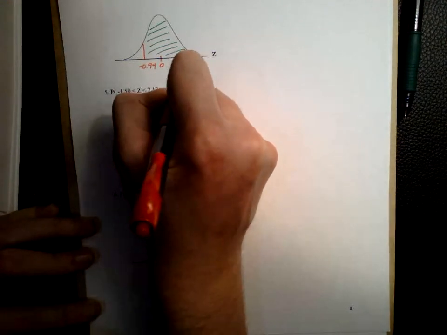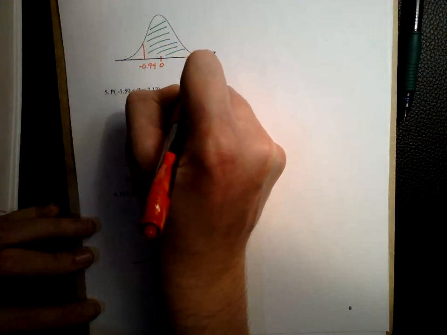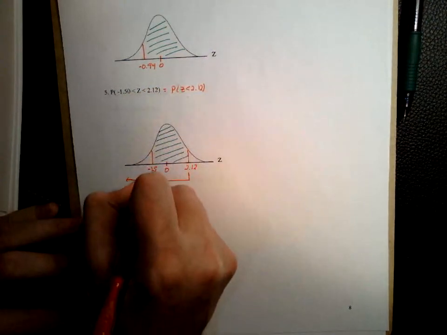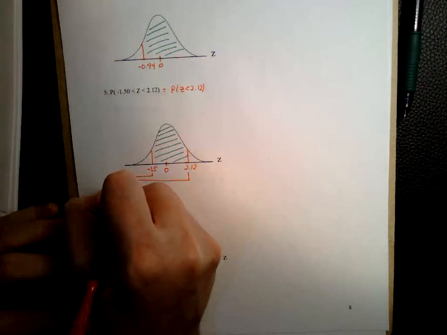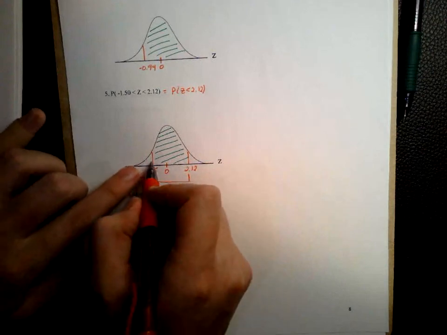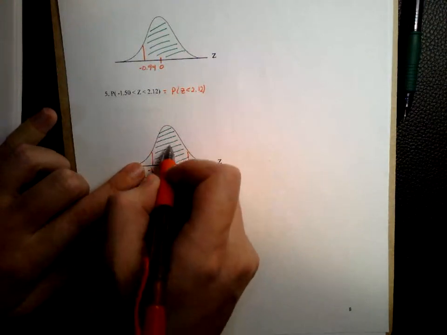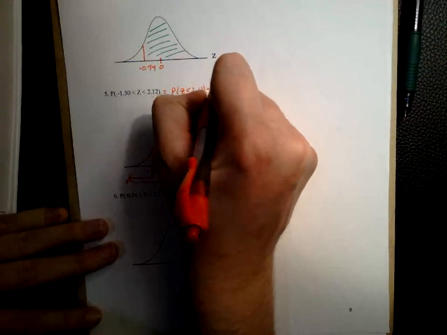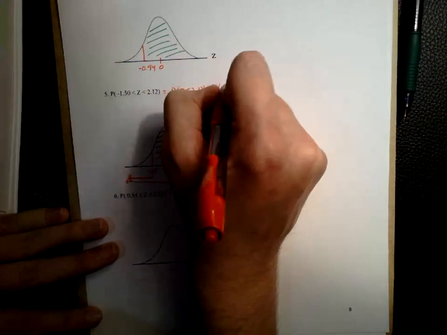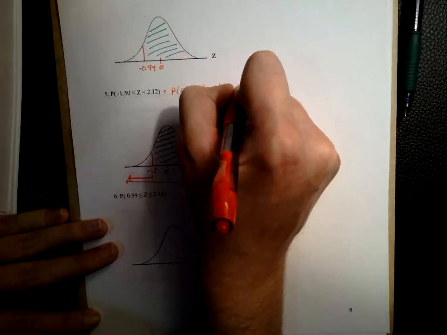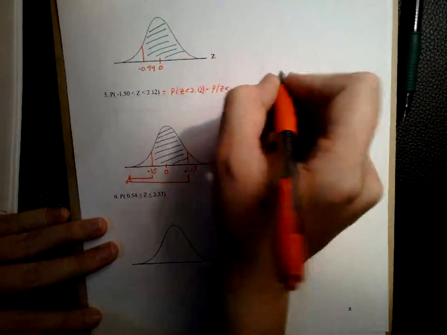So I want the probability of z being less than 2.12. And then I want to take off the area to the left of negative 1.50. And that will take off this area here and leave me with the area I want in the middle. Then this is what we have. The probability of z being less than minus 1.50.